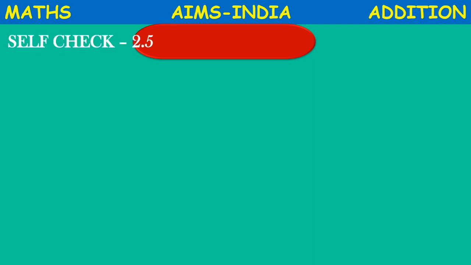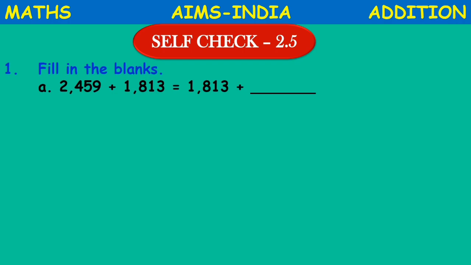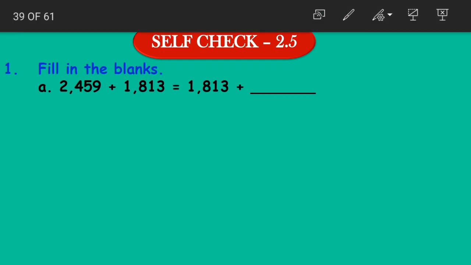We learnt about 3 properties today: commutative, associative and additive property of 0. Now this is the self-check time. First question, fill in the blanks. First one is 2459 plus 1813 is equal to 1813 plus dash.